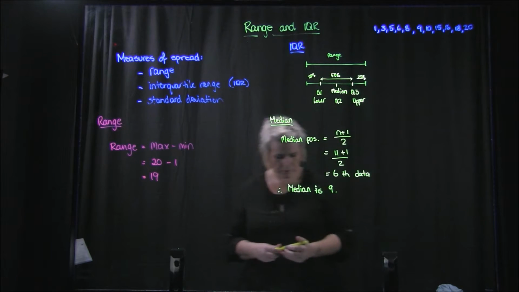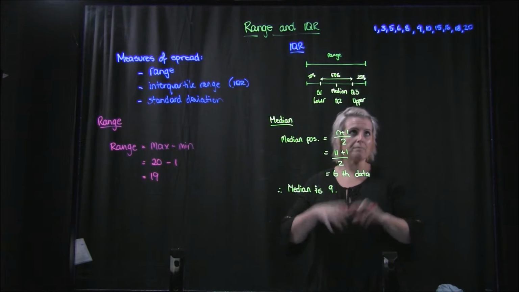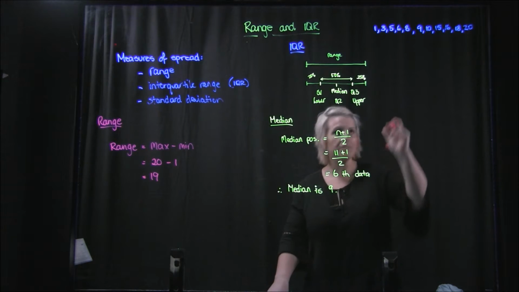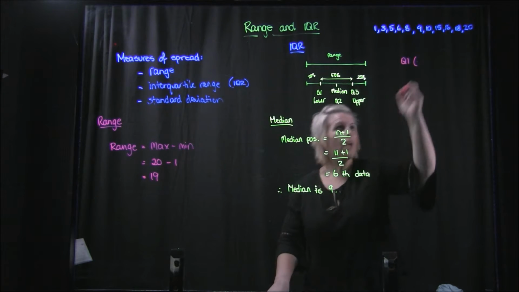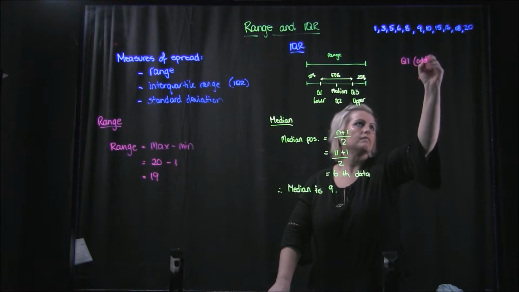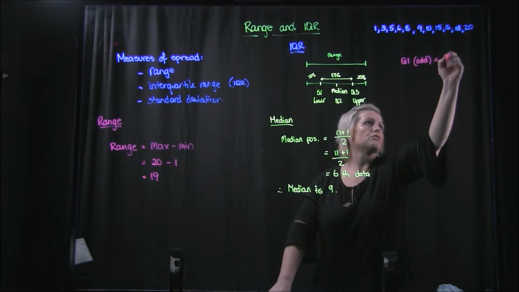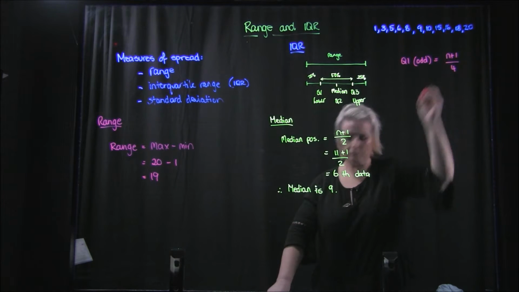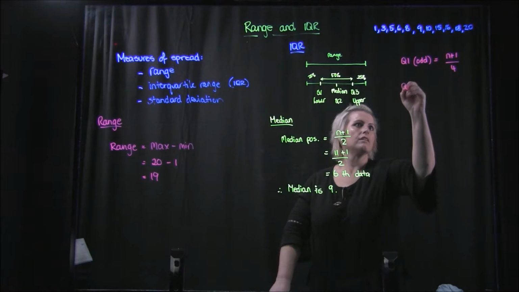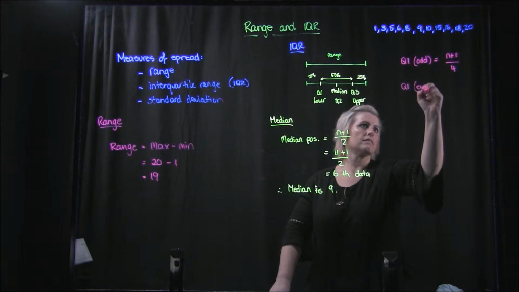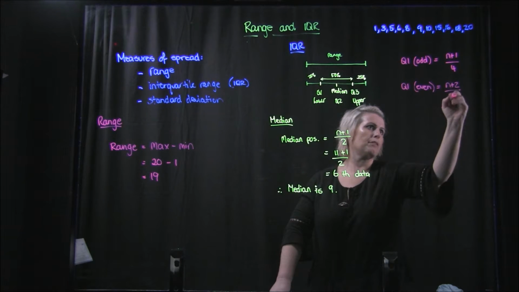Next I'm going to find the quartiles. There are two different formulas that we use. For Q1 with an odd data set, which is what we've got with 11, we use n plus 1 divided by 4. If we have an even data set, we use n plus 2 divided by 4.